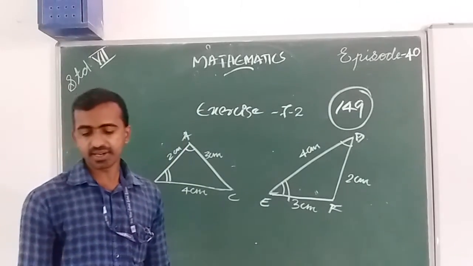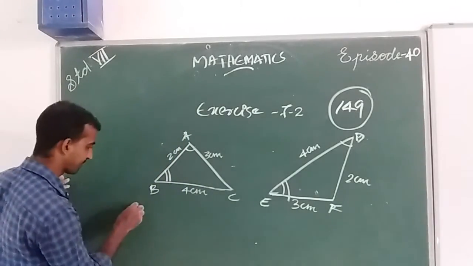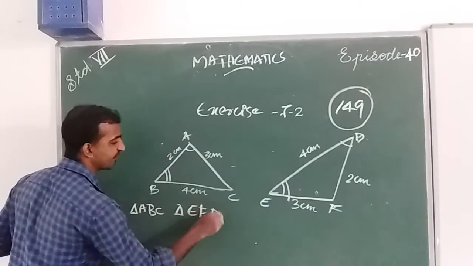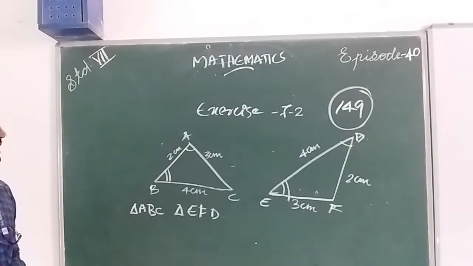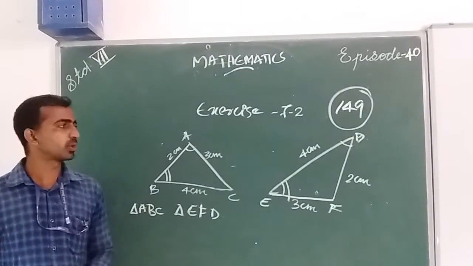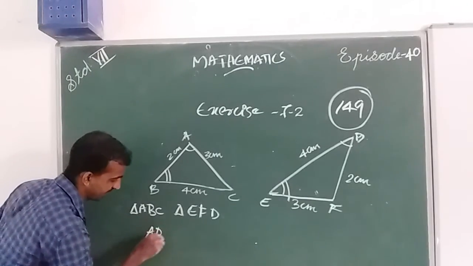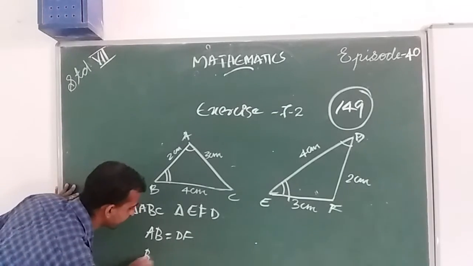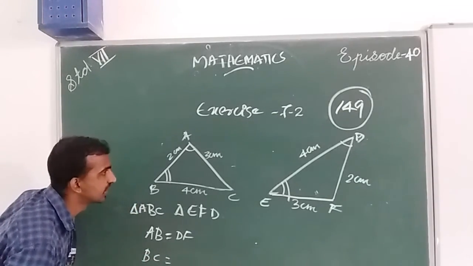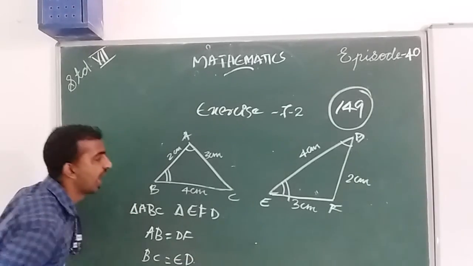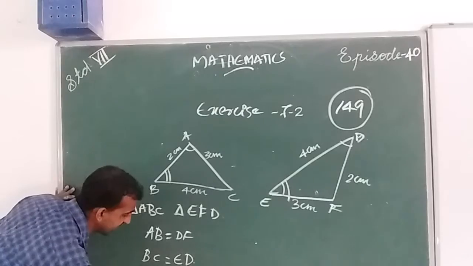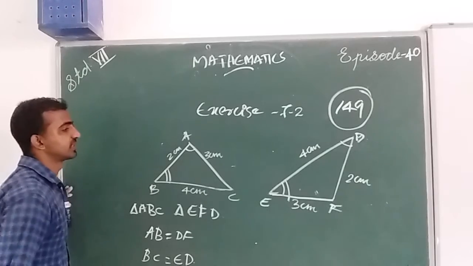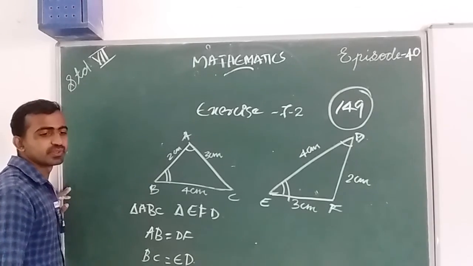In triangle ABC and triangle EFD, we can say AB equal to DF, BC equal to ED, and CA equal to EF.